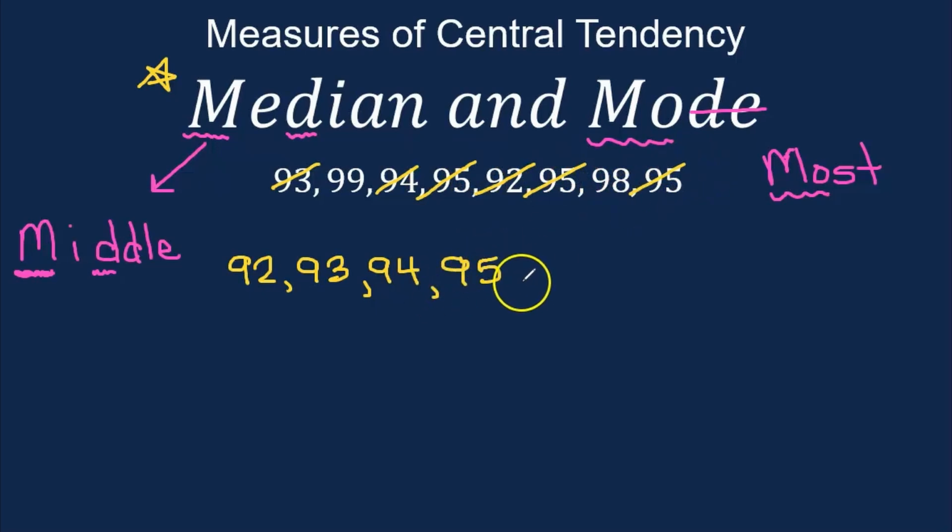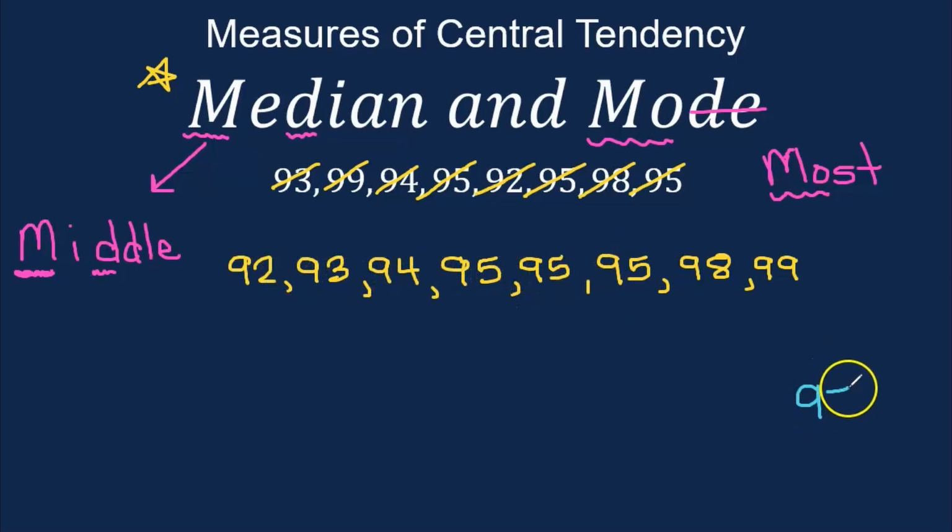So I already have my suspicions that 95 is going to be my mode. Then I have a 98 and a 99. So sure enough, as I'm looking at these, you can clearly see that 95 is the number that is listed the most, and so therefore is my mode.